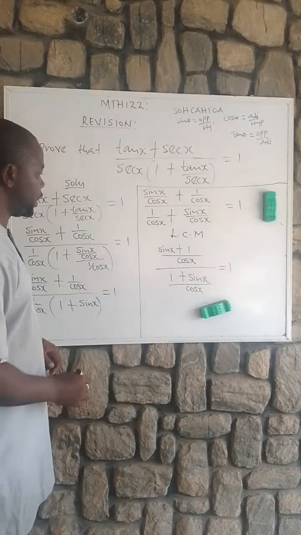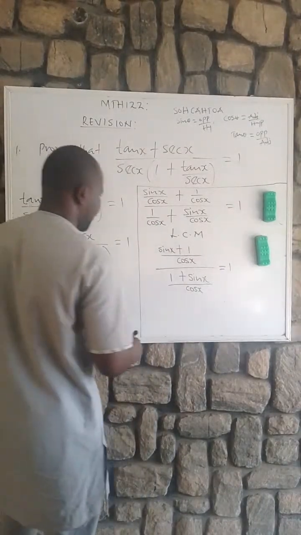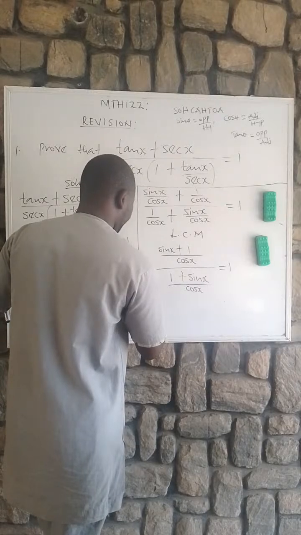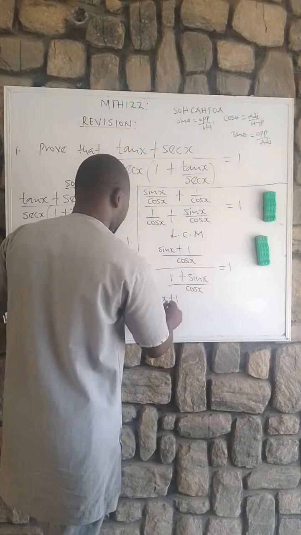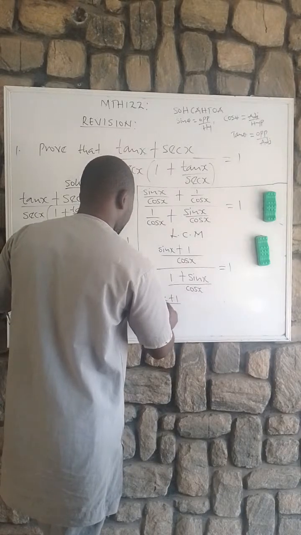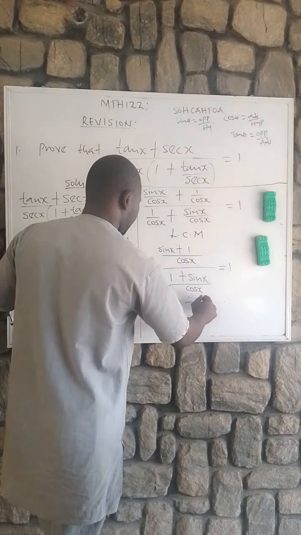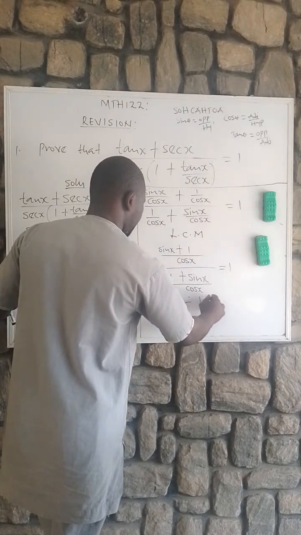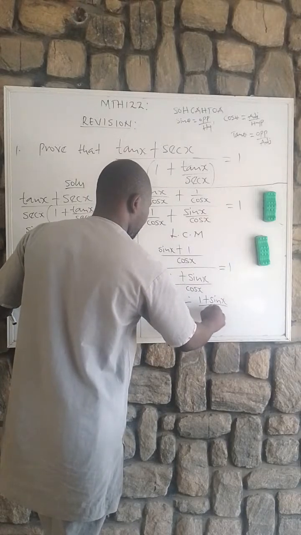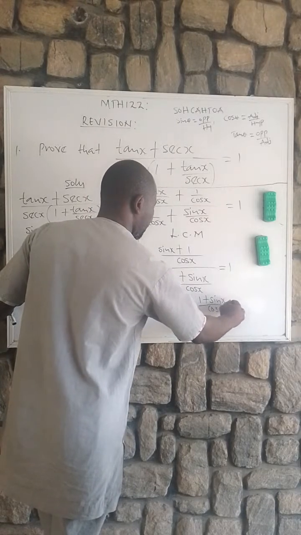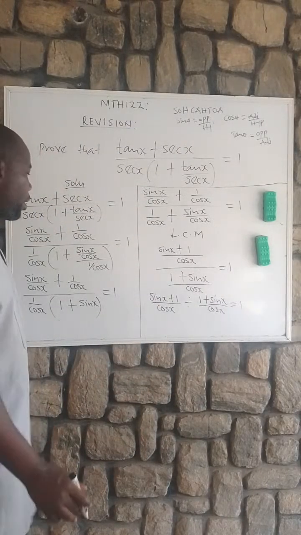So as you can see, this is the same thing as sin x plus 1 all over cos x, then divide 1 plus sin x all over cos x, which is equal to 1.